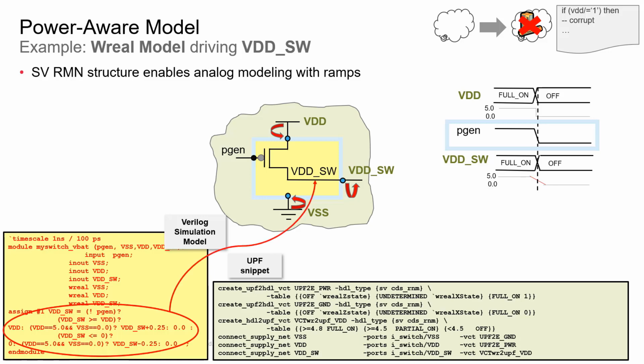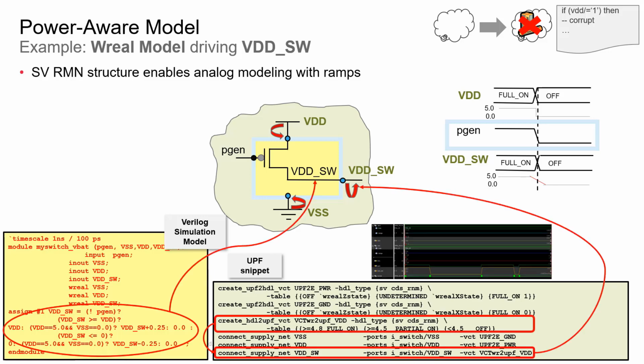For example, if you look at the small scheme, you've got now a ramp that will appear in the waveform, simply because you said that you had a WREAL element, VDD_SW, that you created a table for it to map it to the supply net, and that you used in the connect_supply_net. So in your waveform, you will clearly see a slope.